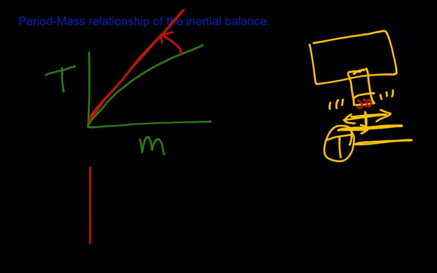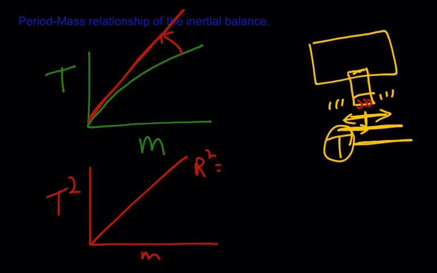When we squared the period and graphed it again versus the mass, we got a much straighter line, and we did an R-squared value on here, a regression coefficient, and we see that it's a lot closer to 1. So that's how we prove mathematical relationships. So we know then that period squared is proportional to the mass.